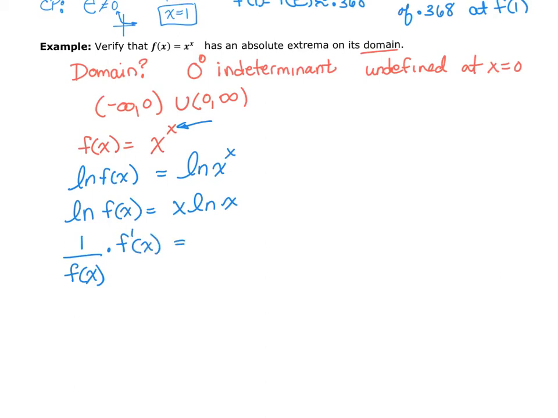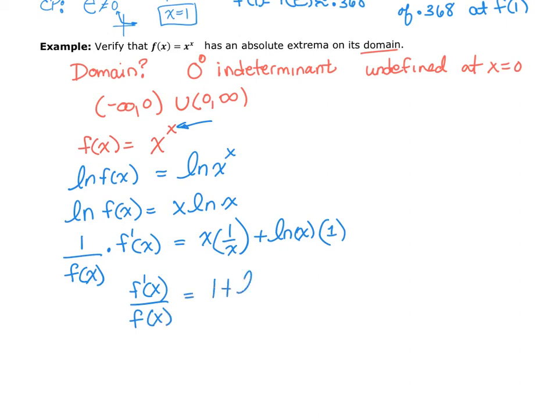On the right-hand side, we get a product, the first times the derivative of the second, plus the second times the derivative of the first. And so we get f prime of x over f of x is 1 plus the natural log of x.